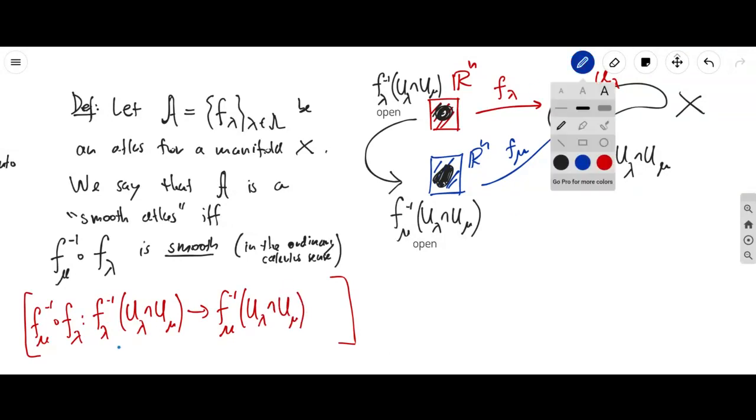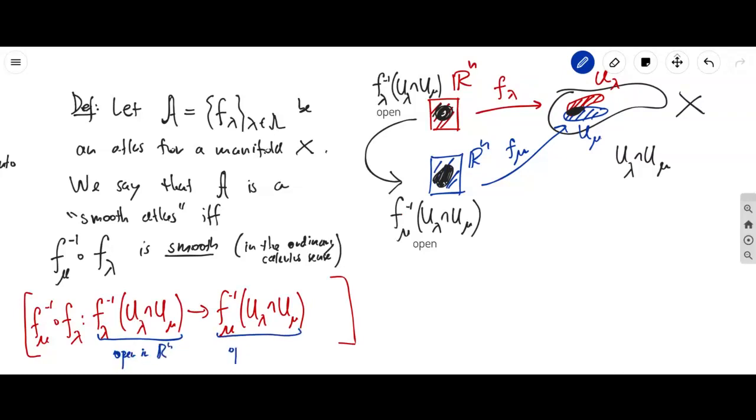And this piece is an open set in Rn, and that piece is another open set in Rn. When you write it out like this it looks absolutely horrendous. There's too many F's, too many inverses, too many things going on. But quite simply, what we mean is this composition has to be smooth.